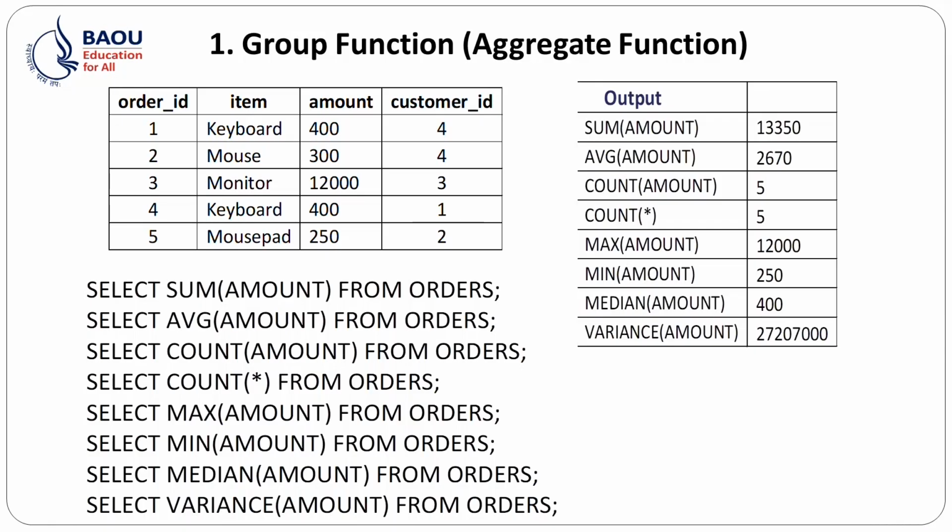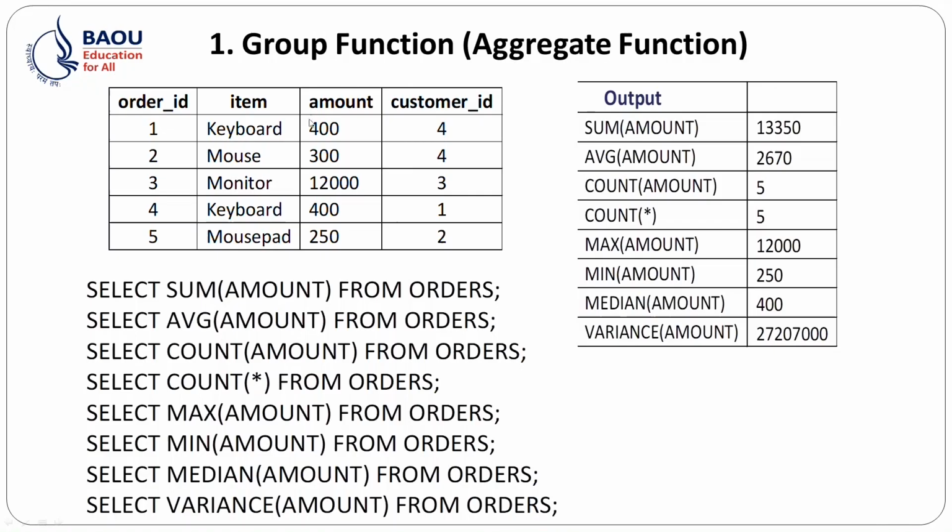Now the first query is SELECT SUM(amount) FROM orders. See, in the output, the sum is this. The sum of the amount column gives the total as output. Same as the average function: SELECT AVG(amount) FROM orders.